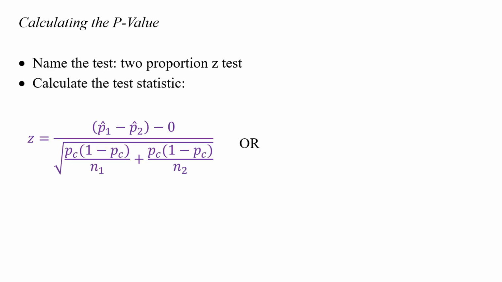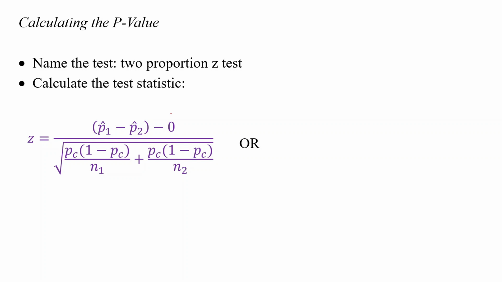When we calculate the p-value, we name the test. This is a two proportion z test. And we calculate this test statistic like we have been. We have our statistic minus our parameter divided by our standard error. So our statistic is going to be the difference between our two sample proportions.